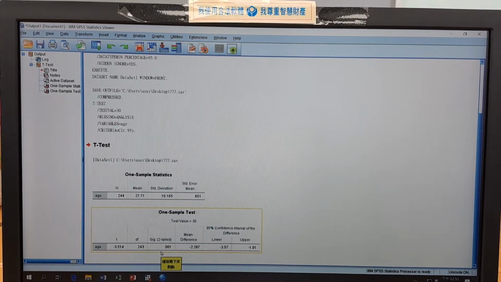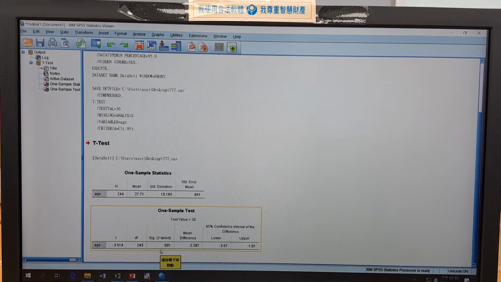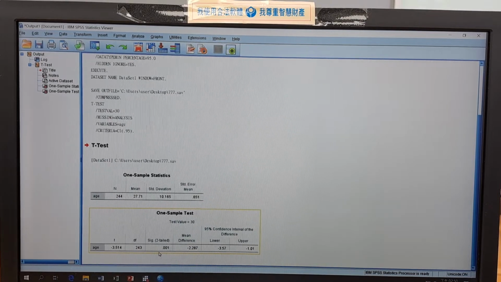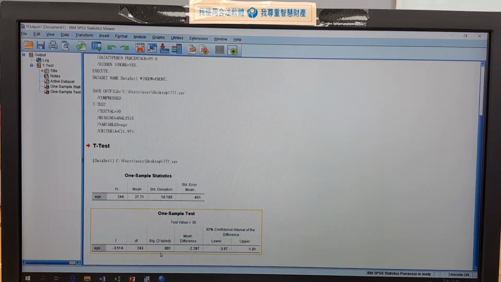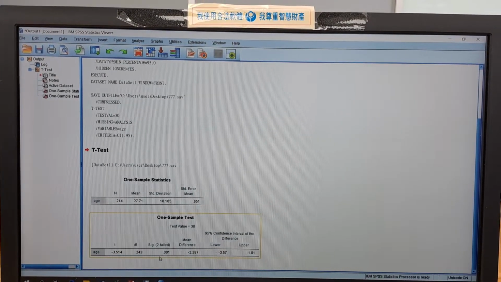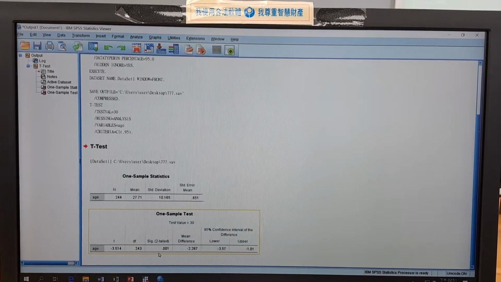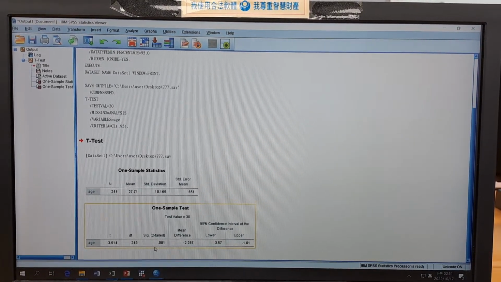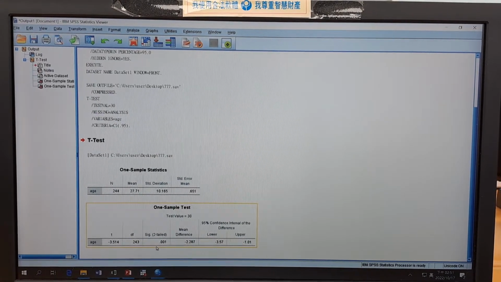This is the significance, or we usually call that the p-value. This one is very important, take a note. If the p-value is smaller than or equal to 0.05, that is significant.